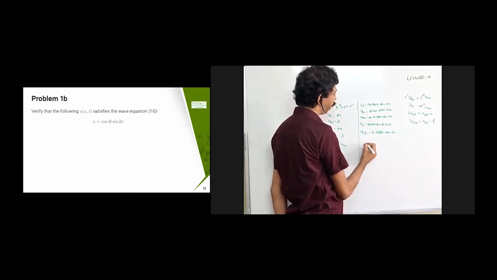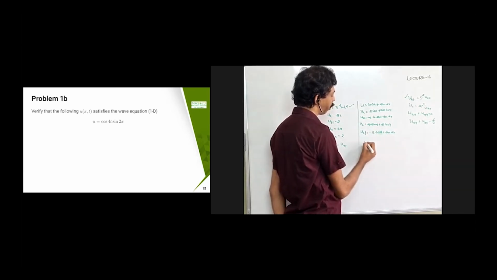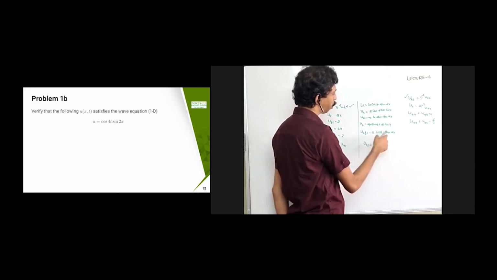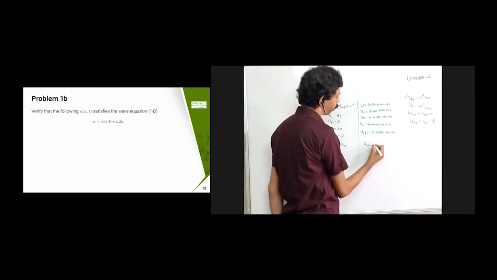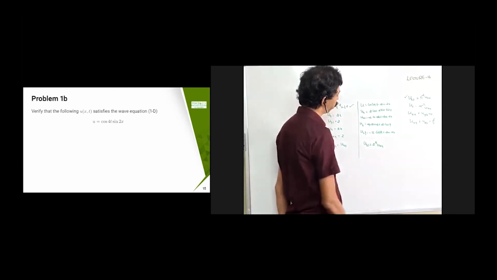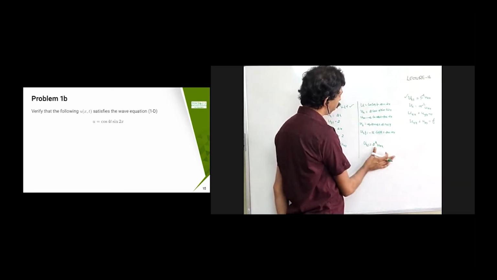Therefore, here you can see that this is going to satisfy the wave equation. Utt equal to minus 16 cos 4t sin 2x, and uxx equal to minus 4 cos 4t sin 2x. So this is going to satisfy the equation with not 2 square, but 1 by 2 square.